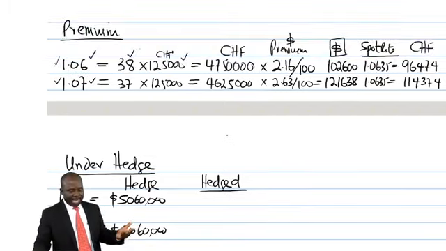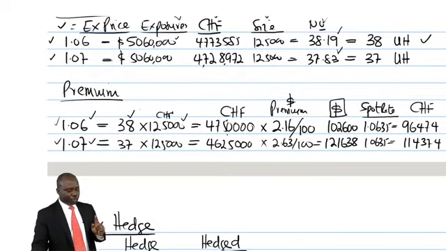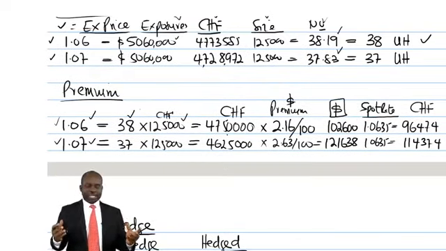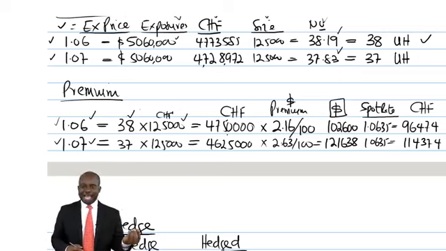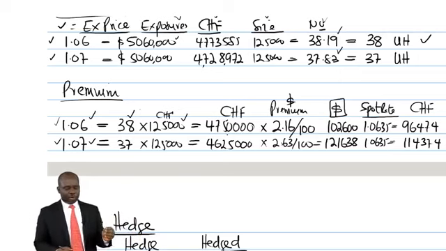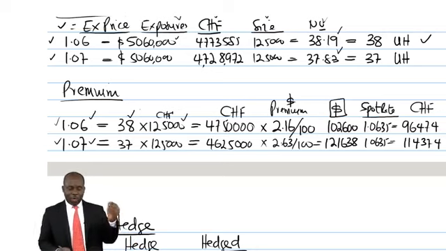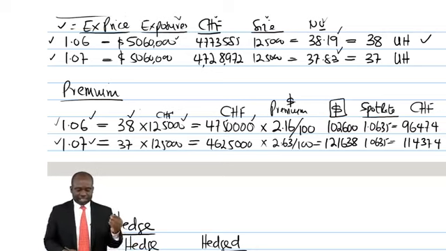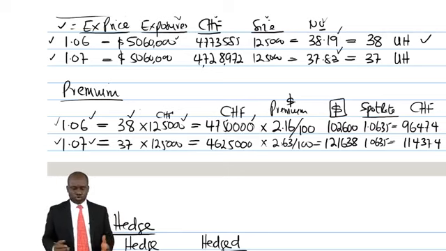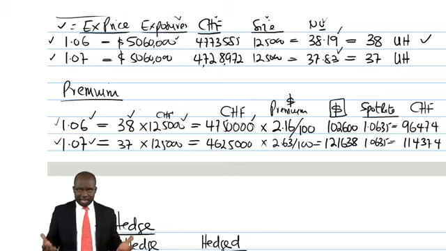You come back here, come back to your premium, you will see the figures. You said you are entering into 38 contracts, and each of the contracts is made up of 125,000, and as such you are entering into 475,000 CHF in the contract.